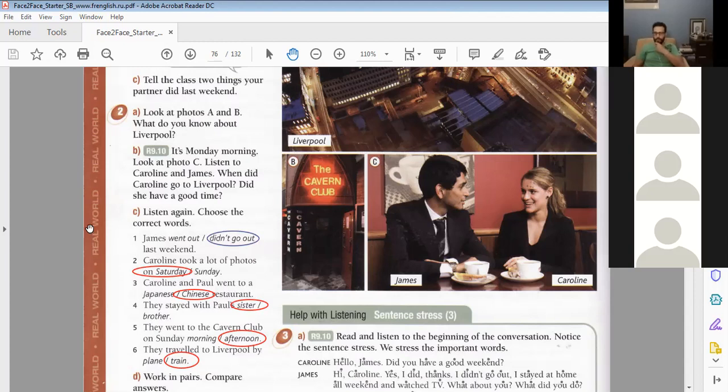Did you stay in a hotel? No, we didn't. Paul's sister lives in Liverpool, so we stayed with her. And what did you do on Sunday? Well, in the morning we visited the Beatles Museum. Then in the afternoon we went to the Cavern Club, where the Beatles first played. That was amazing.